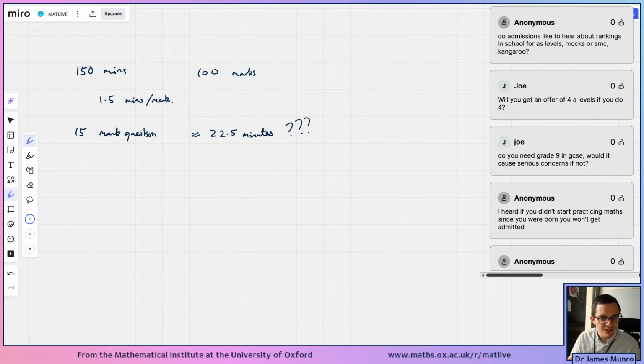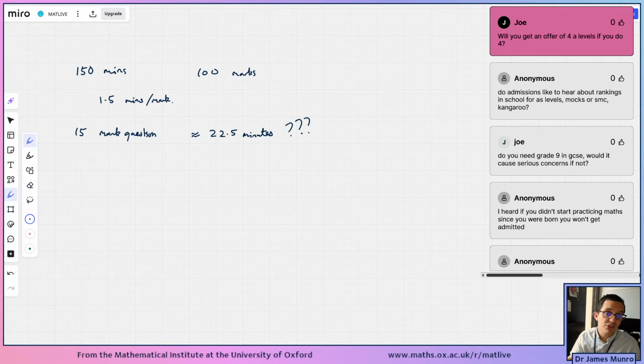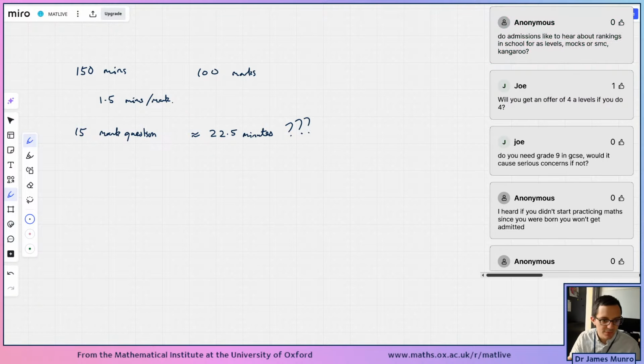Joe, the standard conditional offer is 3 A-levels. We would almost always make a standard offer of A-star, A-star, A to someone doing 4 A-levels. I would almost always say A-star in maths, A-star in further maths, and A in either of your other subjects would be the standard text that we use. Do you need a grade 9 in GCSE?